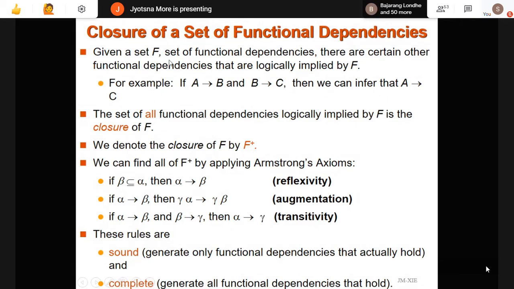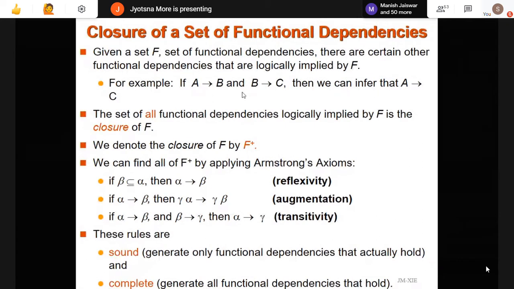Given a set F, a number of functional dependencies, there are certain other functional dependencies that are logically implied by F. For example, I have A determines B and B determines C. These are the functional dependencies present in my F, the actual ones given as part of my set F. But with the help of these, I can logically determine some other functional dependencies, and then I add those into my set F, which is known as the closure of F. So the collection or set of all possible functional dependencies together is known as the closure of functional dependencies.